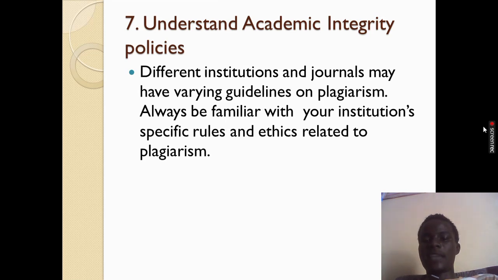Always familiarize yourself with your institution's specific rules and ethics related to plagiarism. This would help you to avoid plagiarism at all costs. It's very important, so you need to get the guidelines from your institution or the institution you are going to publish with, and get to know them.